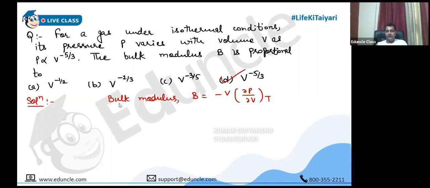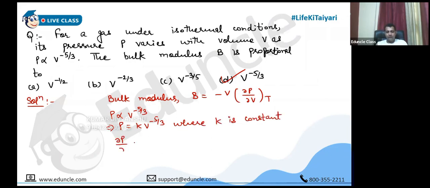Let us see how it should be done. So the main thing is we need to find dP by dV, and this relation is given. So P is proportional to V power minus 5 by 3. So P is of the form K times V power minus 5 by 3, where K is constant. Differentiating, we get minus 5 by 3 K V power minus 8 by 3.